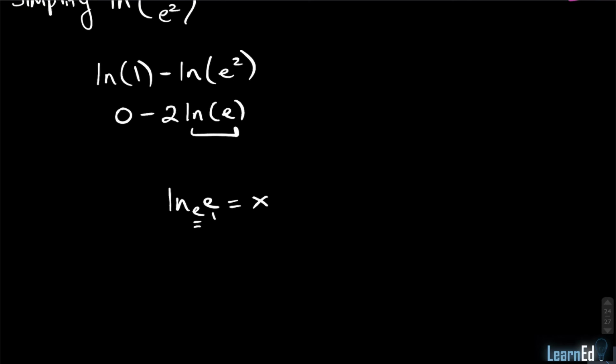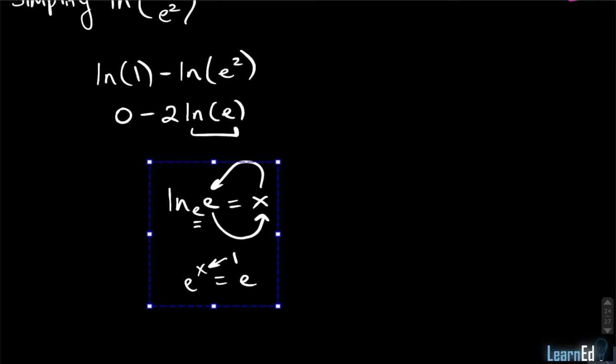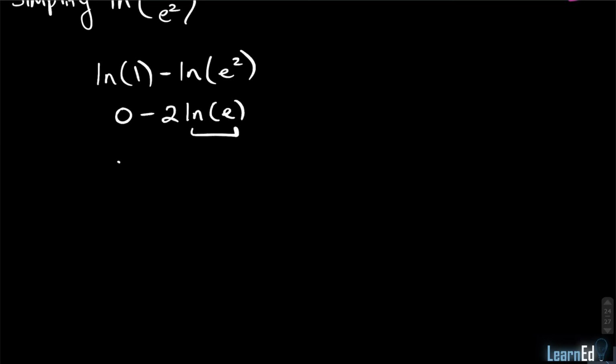We make this e bigger, we drag this over to the other side, this becomes the exponent, and now we have e to the x equals e. So what value of x is going to make e? Well, that'll just be 1, right? So this ends up just being 1, so we have 0 minus 2 times 1, and we know that's negative 2.